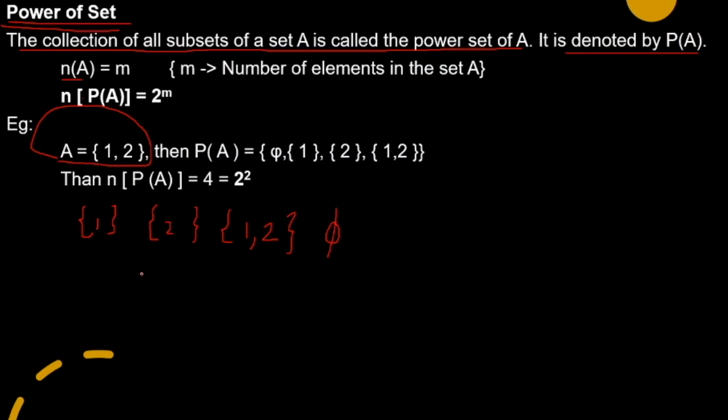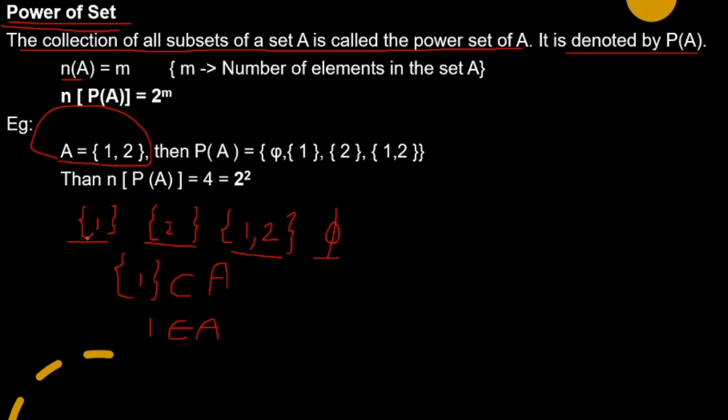So how many subsets do we have for set A? 1, 2, 3, 4. So here, if it is within curly brackets, you say that it is a subset of A. But if I say only the element 1, it belongs to A. Please note the difference. Did you all understand how we write the subsets of a particular set if we have the elements in such a way?